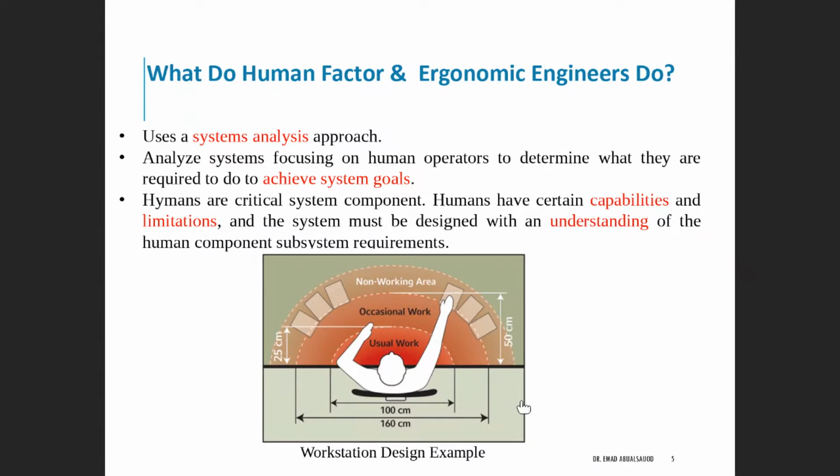For example, here, this is a workstation design. In the human factor concept, we study the interaction between the workstation and the human. Now, we don't have to have a machine or a technology. The interaction between this asset and the human is already an interaction that needs to be analyzed and studied.